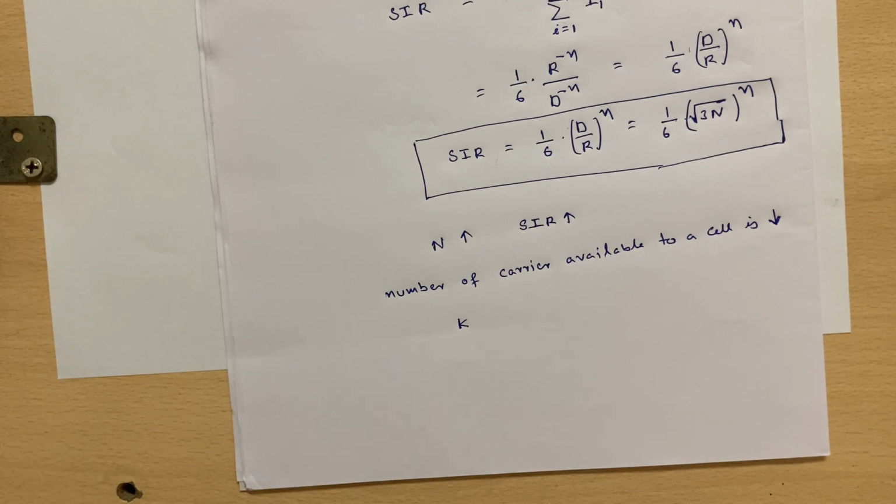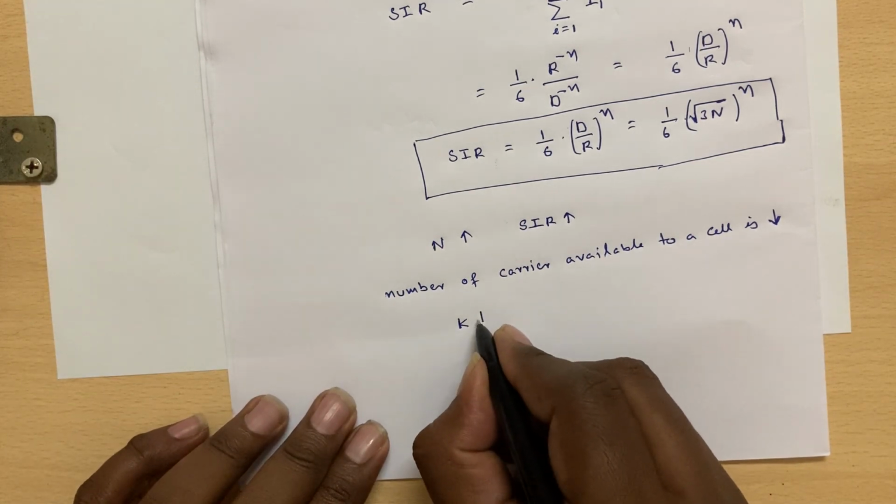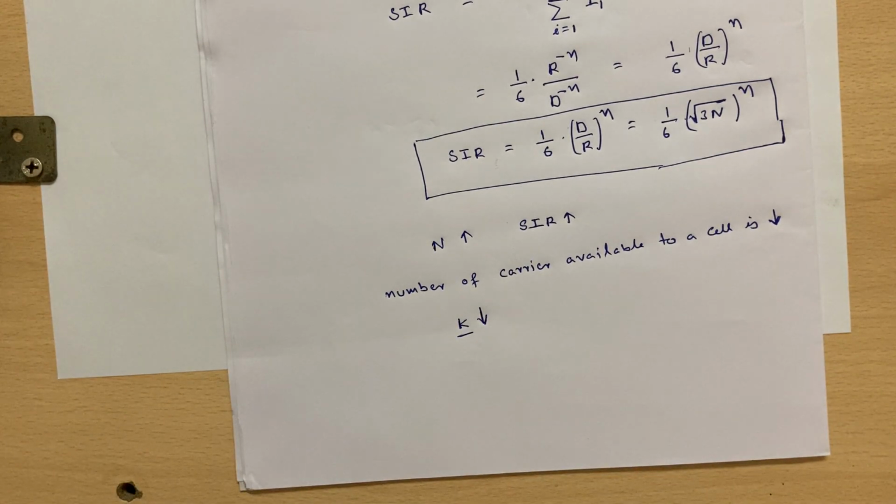So as n increases, the number of clusters within the service area is going to reduce, which is a factor by which we multiply the capacity as compared to the single cell system. So for a higher SIR, you have to increase the cluster size. That will reduce the number of carriers available to a cell, and also reduce the number of clusters within the service area.